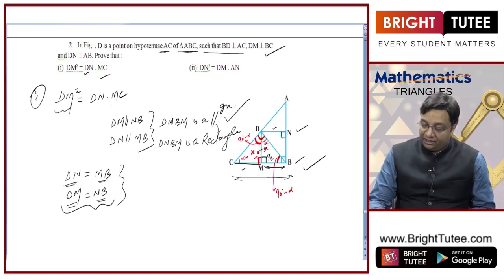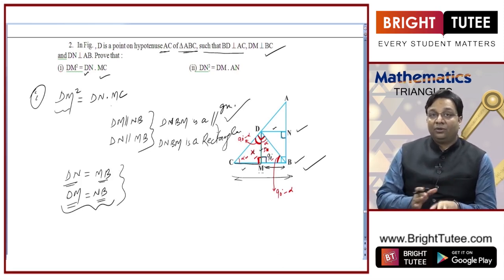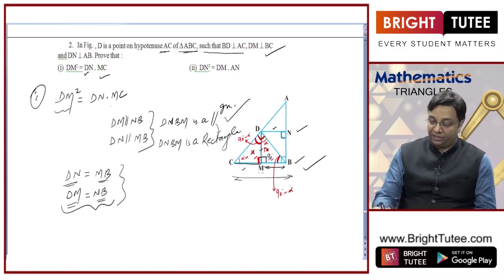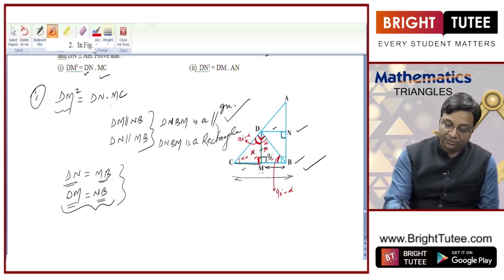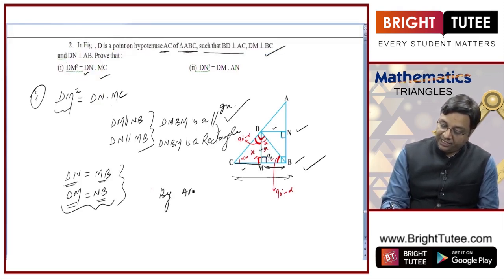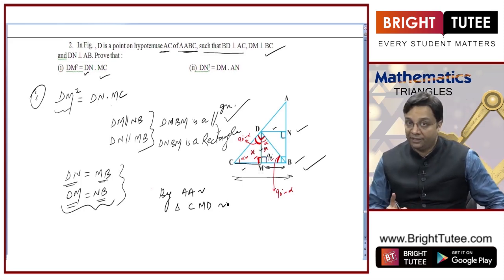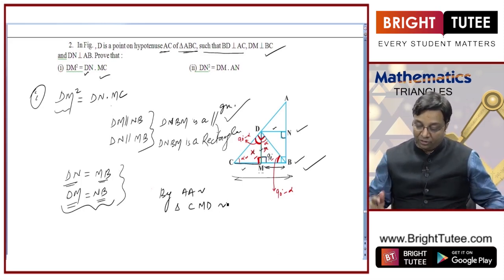So now if you see, these two triangles have all the angles equal. You just take care of the correspondence, because you can say now that by angle similarity, triangle CMD is similar to. Now you need to take care of the correspondence and then you can comment.